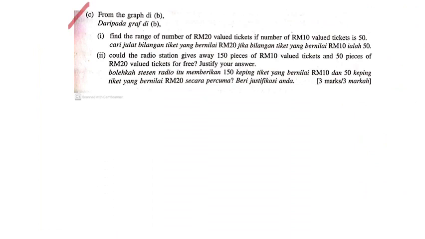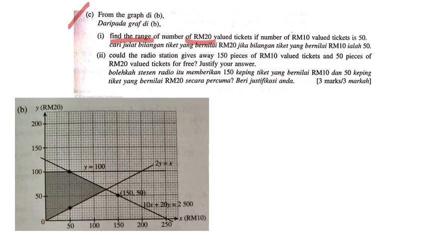Okay, from the graph, you have to answer this one. You have to find the range of 20 value ticket. Okay, this is your graph. That means you have to find your value of y.